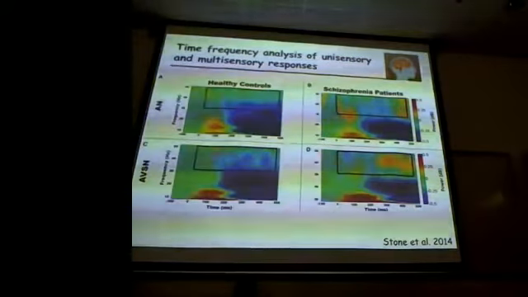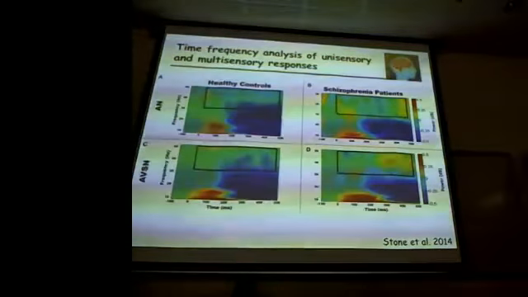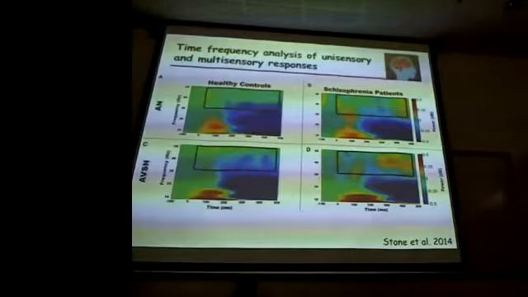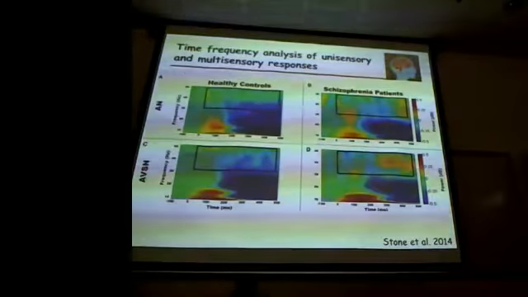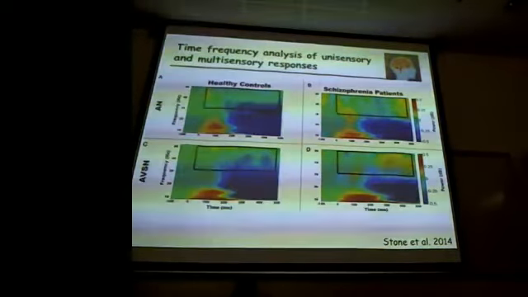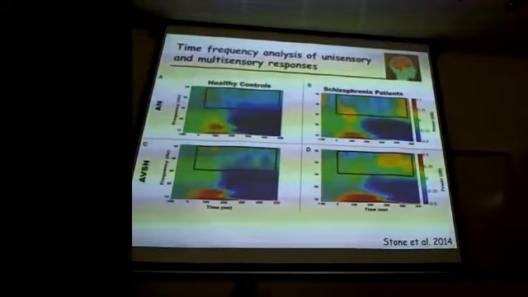So this is just a plot of the responses. Time 0 is still when the stimulus is presented, and this is really just the evoked response here that you saw parts of. And then what we were focusing on was the gamma responses, which are up here.